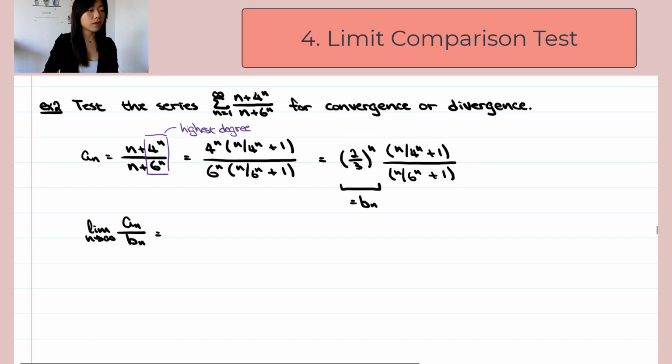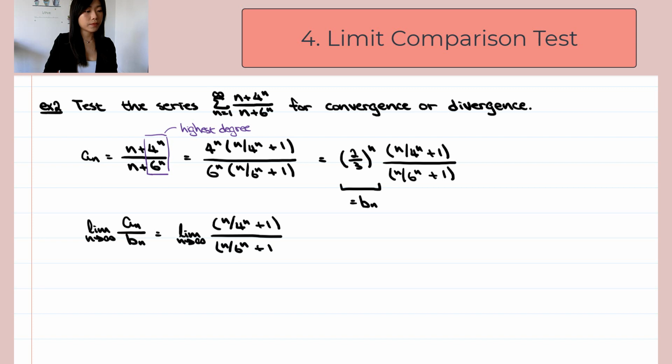So this limit also equals the limit as n approaches infinity of (n divided by 4 to the power of n plus 1) divided by (n divided by 6 to the power of n plus 1). And as n approaches infinity, these two terms approach 0. So this limit equals 1, which is a finite value greater than 0.